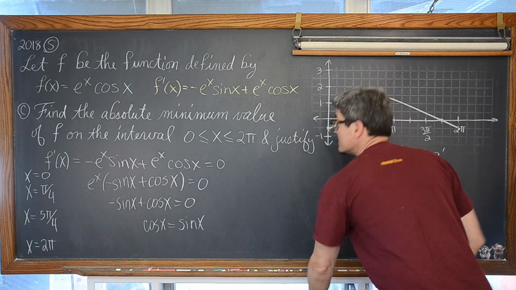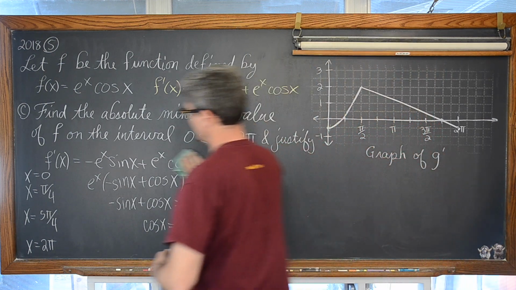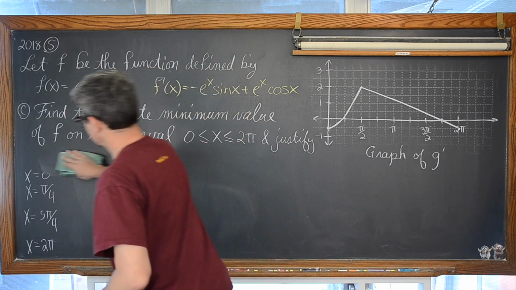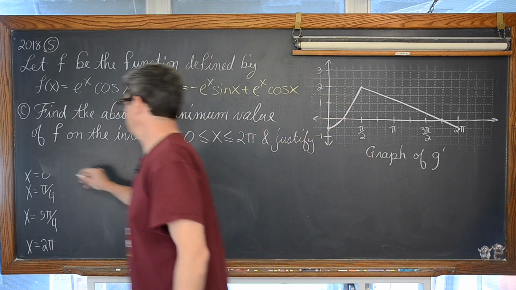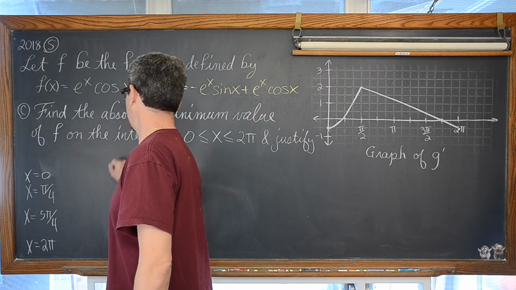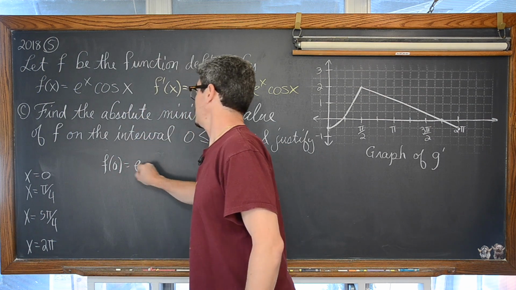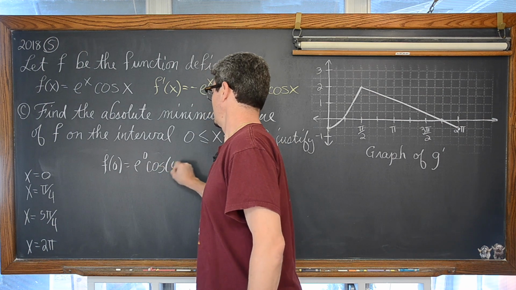So let's get this derivative work out of the way and start analyzing the function f at each of these 4 values. So we have f of 0 is e to the 0 times the cosine of 0.